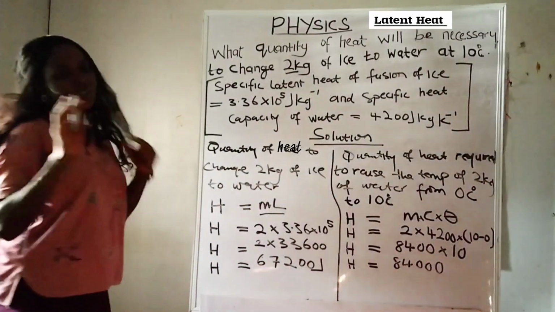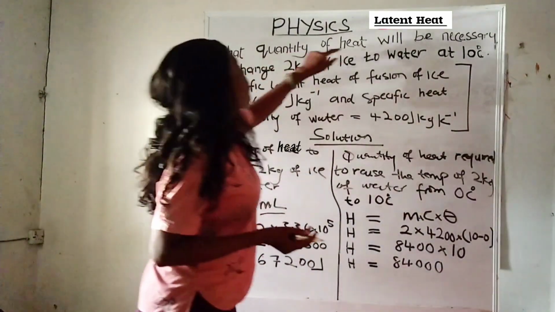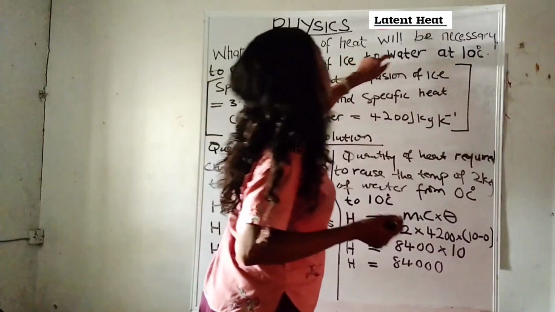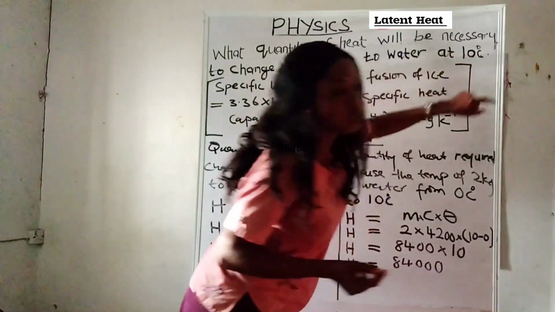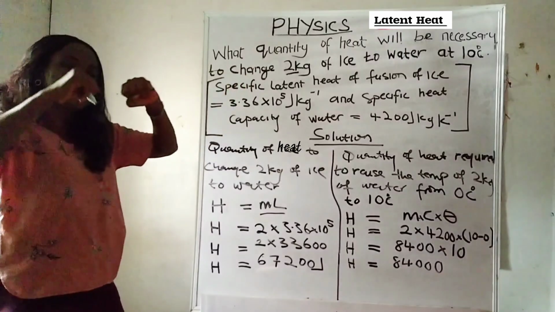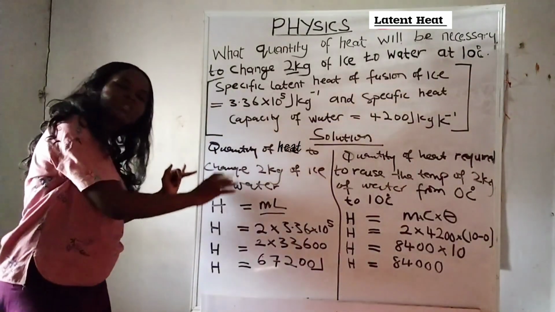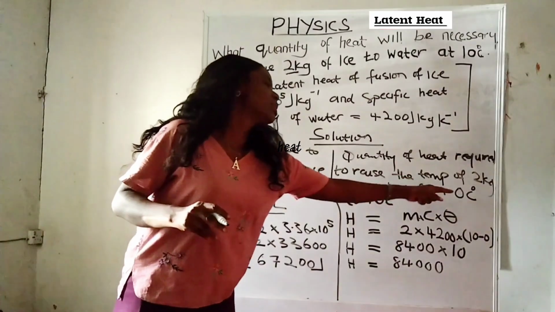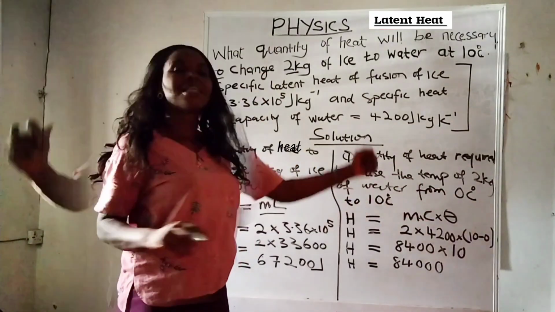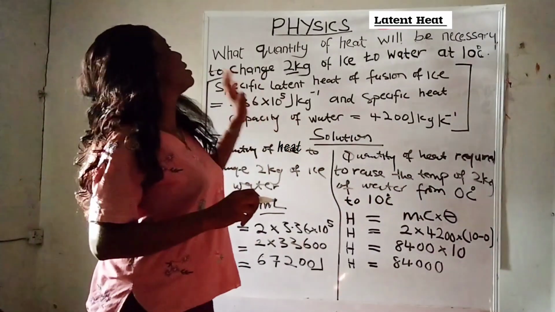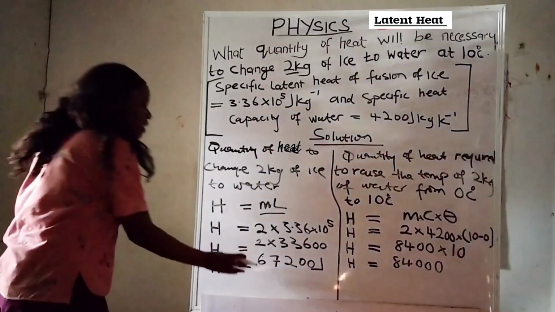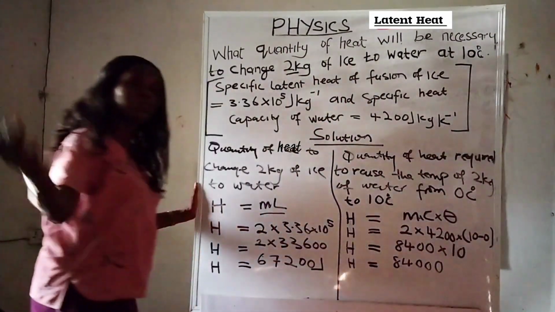But the question says, what quantity of heat will be necessary to change 2 kilograms of ice to water at 10 degrees Celsius, which is the total quantity of heat needed both to melt it from ice to water and to raise the temperature from 0 degrees Celsius to 10 degrees Celsius. Yes, the total heat required is what the question wants us to give. So we simply add this plus this to give us the total heat.